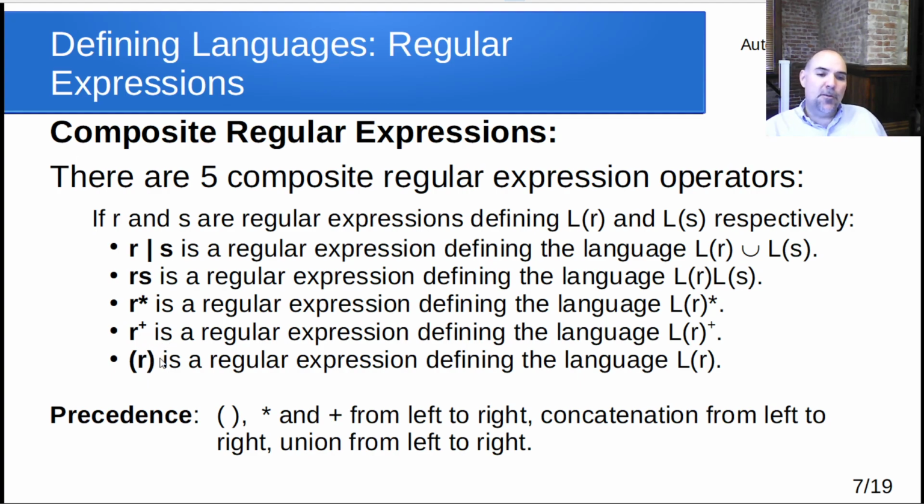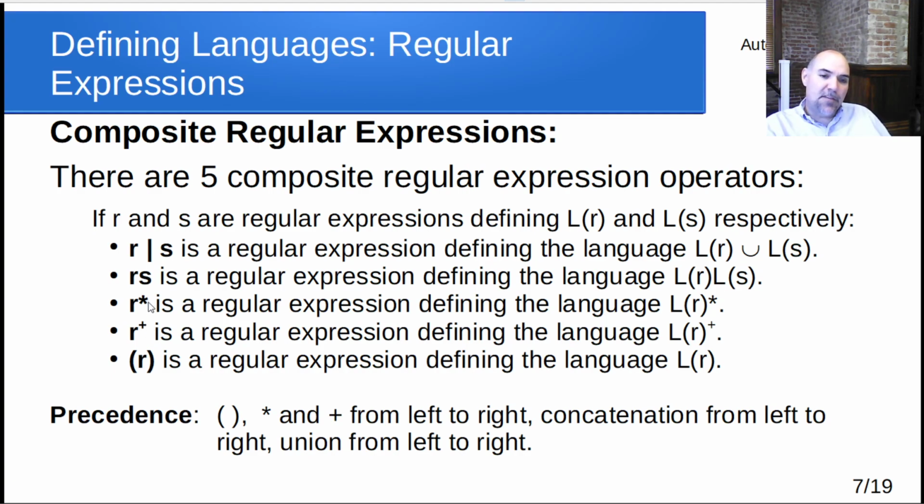Now, speaking of grouping, why would we need to group things? Well, the advantage of that is because there's a precedence, just like there's a precedence in algebra. If you remember back to that PEMDAS kind of mnemonic that a lot of people seem to learn in algebra for the order of operations, the same thing is true for this, that parentheses are at the top. That's the highest level of precedence, followed by the plus and the star from left to right.